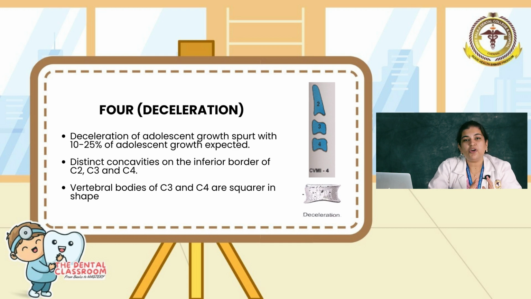Now in this stage, all your C2, 3 and 4 have distinct concavities, and the biggest change is your vertebrae will start growing in height. Up until now, the vertebrae were flat and rectangular, but from this stage onwards, they start putting on height. They become more square in shape. More marshmallow shaped is the word that we use. So they become more square in shape, increase in height, which also corresponds to an increase in height of the individual.